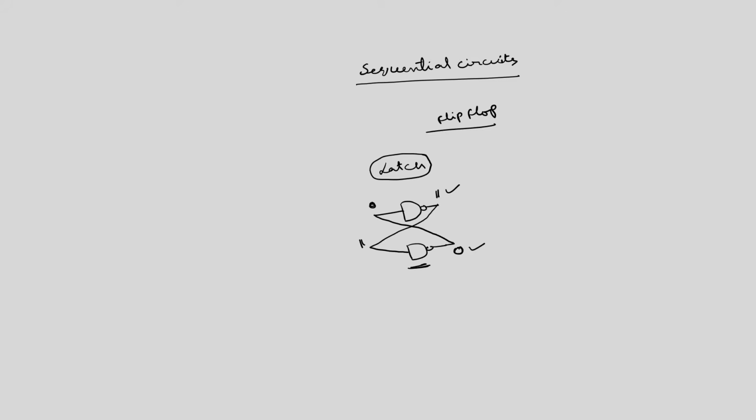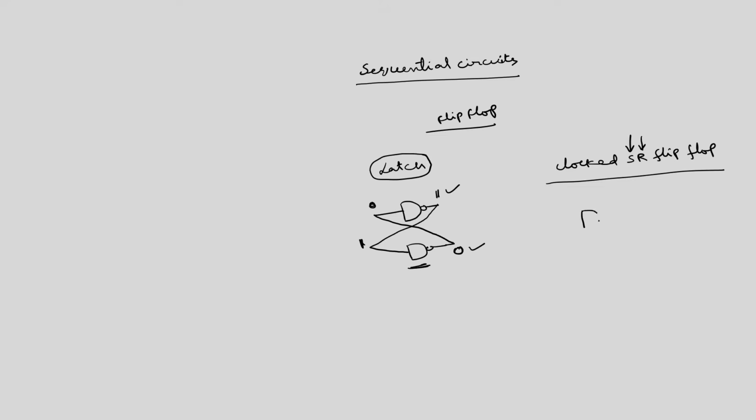Okay. But in many applications we need to apply these bits in synchronism with some inputs, and sometimes we need to store the bits along with some clock signals. Okay. So, if I take first the flip flop which is called the clocked SR flip flop, S stands for set, R stands for reset, the set reset flip flop.